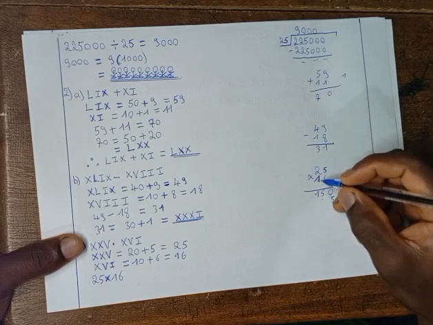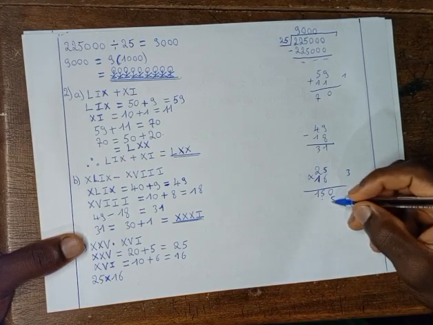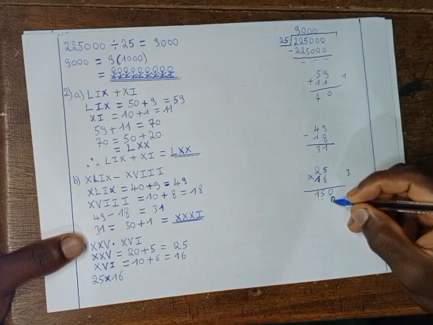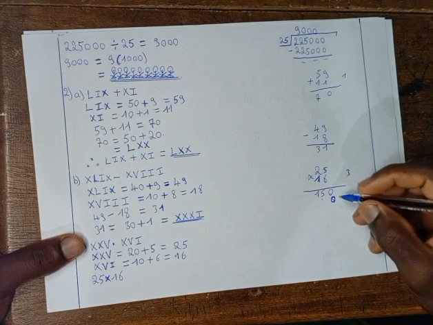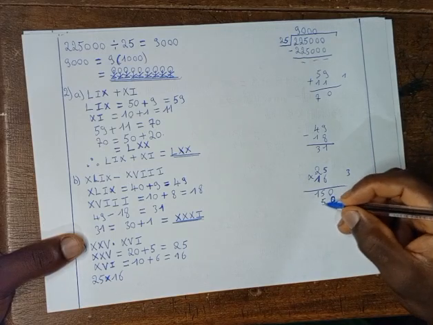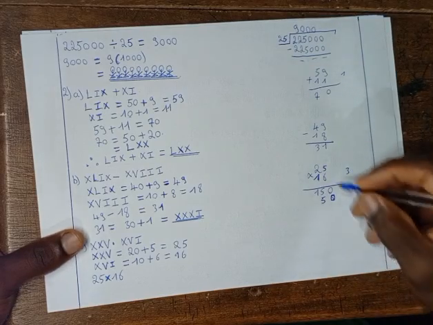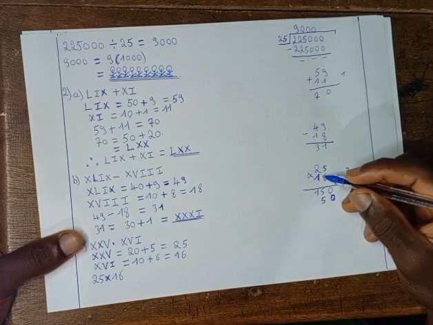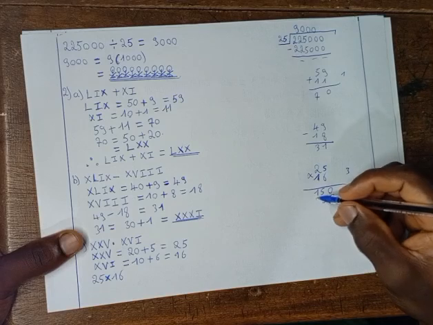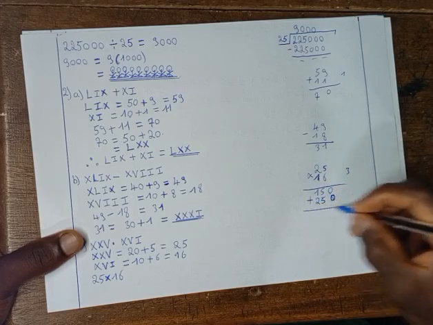1 here has a place value of 10. So we are going to fix a 0 here, under this 0. 1 times 5 gives us 5. I'll write the 5 here. 1 times 2 gives us 2. Next we have to add.